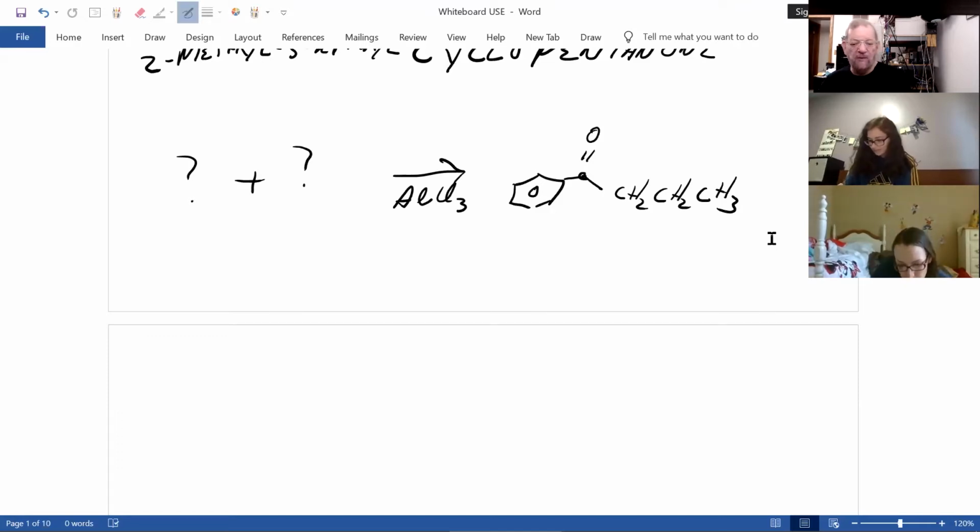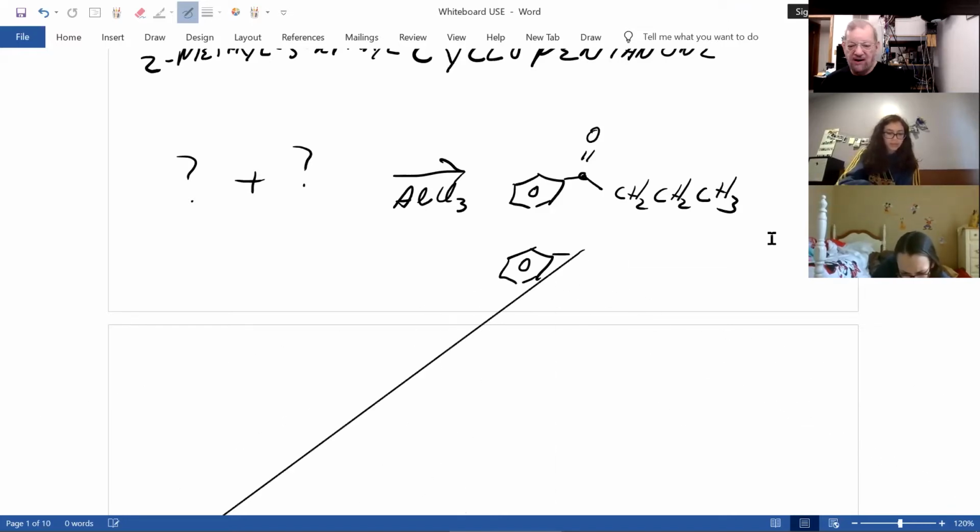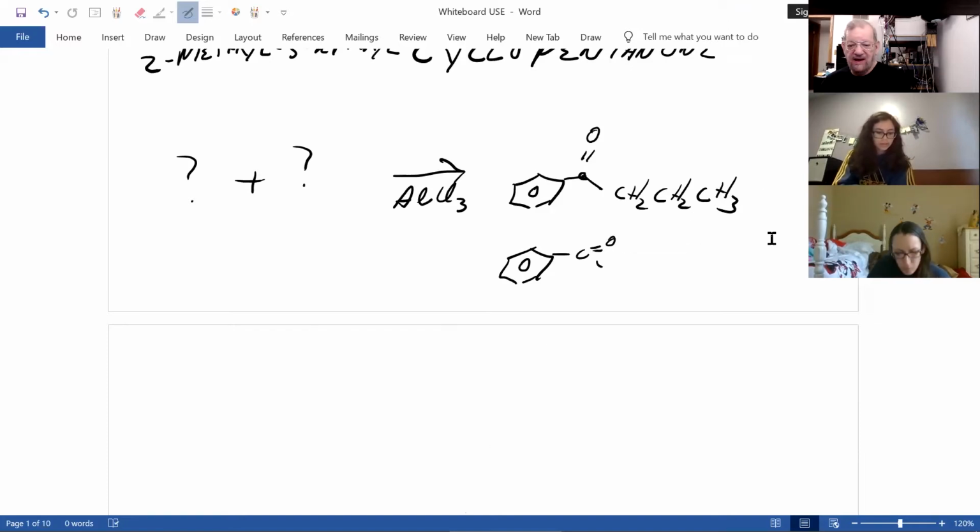All right, let's do this. What's different? Ooh, a benzene ring, a carbonyl and carbons here. This is an aromatic ketone, aluminum trichloride. And what do you start with?